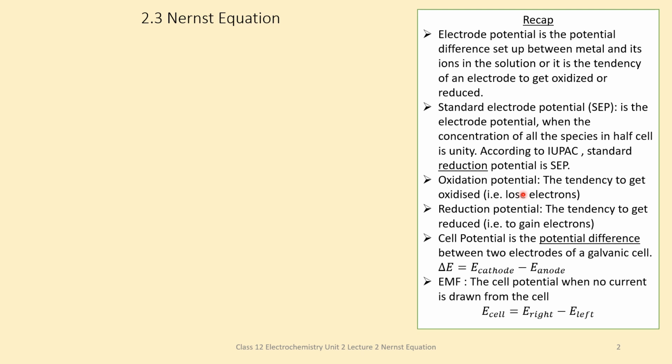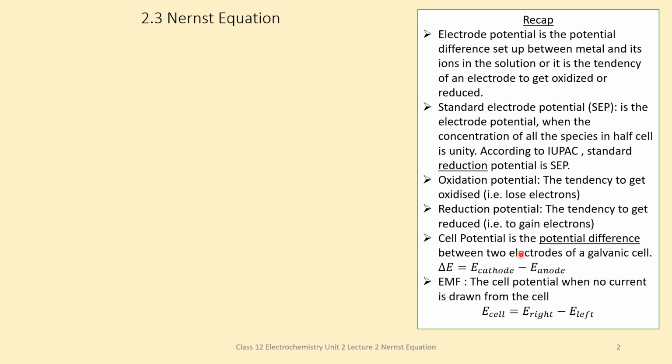Oxidation potential is the tendency to get oxidized or lose electrons. The reduction potential is the tendency to get reduced, that is, to gain electrons.